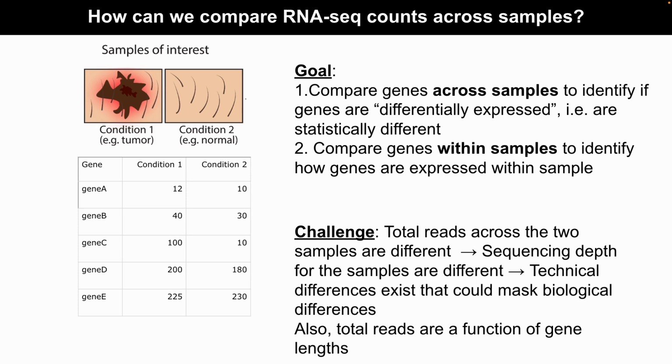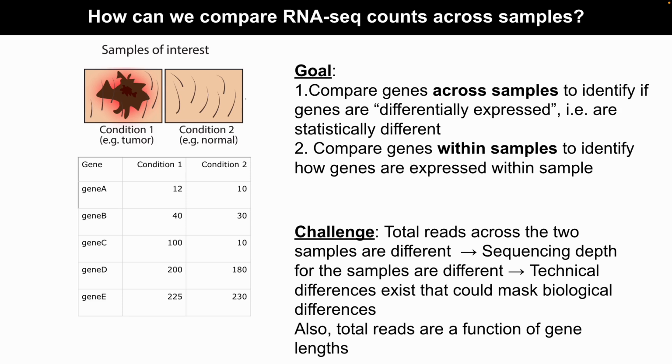your biological differences. And there is one more problem: the quantification that you see, some gene having more counts versus some gene having fewer counts, is also a function of the length of the gene. If this is a shorter gene and this is a longer gene, just because this is longer and I have sequenced everything uniformly, hopefully this will get 2 reads, and since this is 2x long, you might get 4 reads, right?